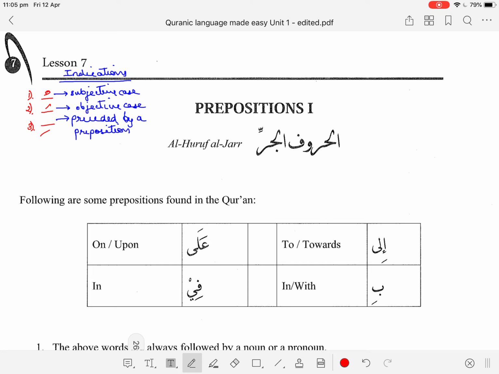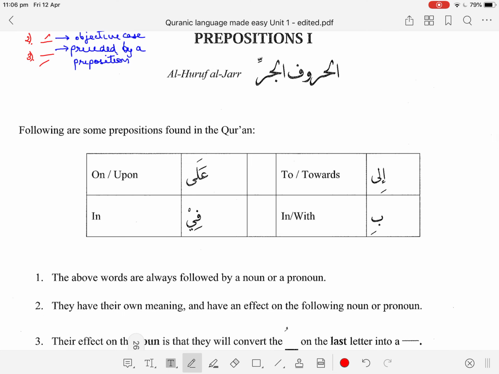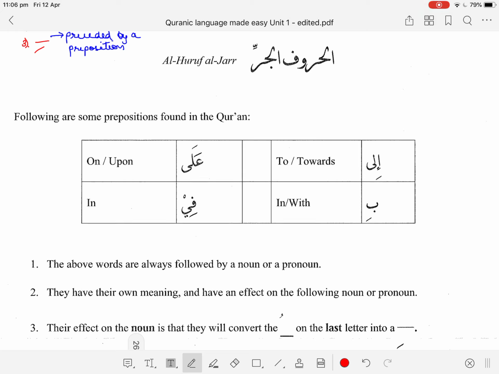We will be discussing some prepositions in this lesson, in lesson number 7, and we'll also be discussing some prepositions in lesson number 8. So here, for example, if you have a number of different prepositions, for example, ila. Ila means to, or towards something. Similarly, we have ala. Ala means on something, or upon something.